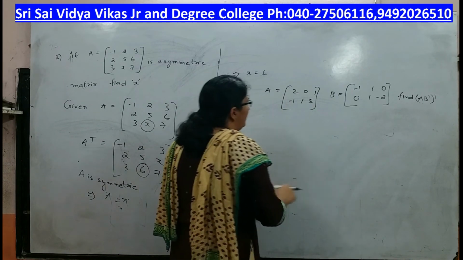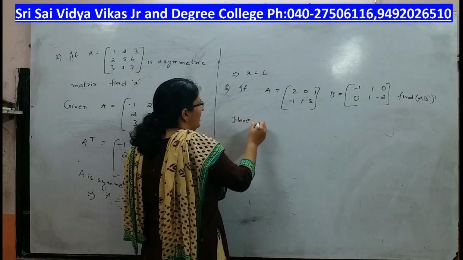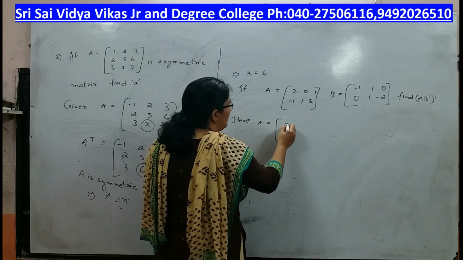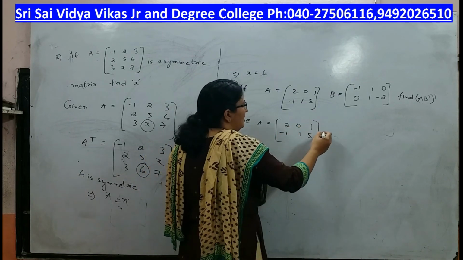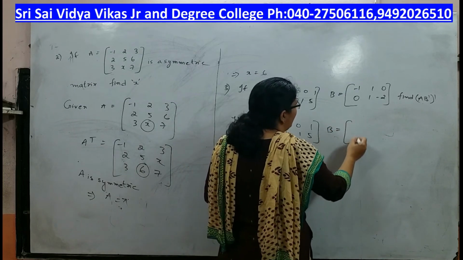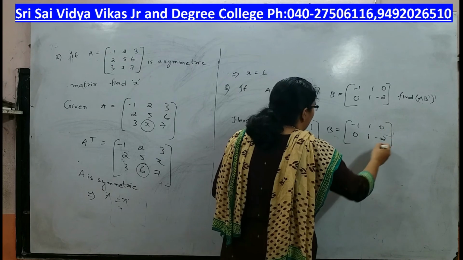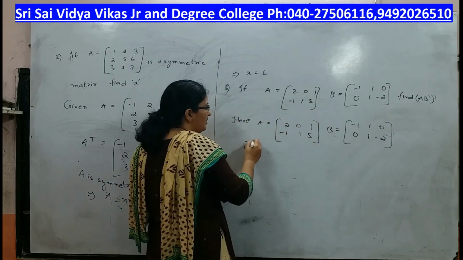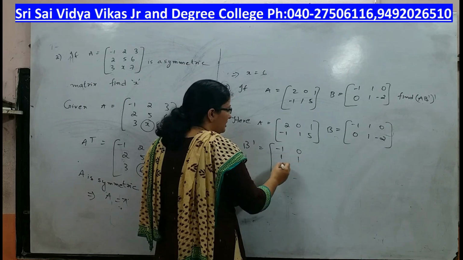Here A is given as 2, 0, 1, minus 1, 1, 5. B is equal to minus 1, 1, 0, 0, 1, minus 2. B transpose is equal to minus 1, 0, 1, 1, 0, minus 2.